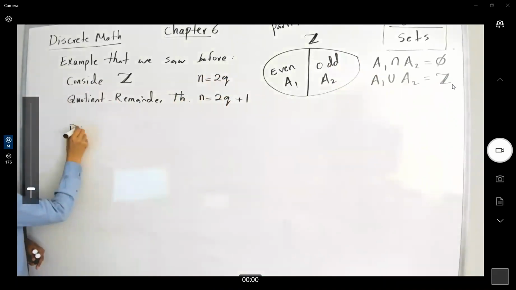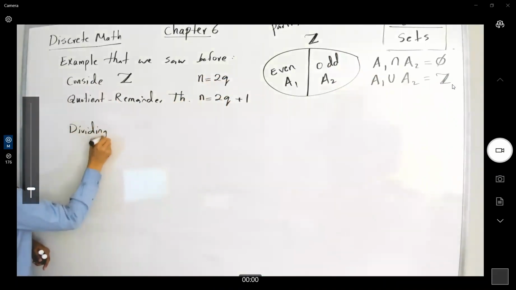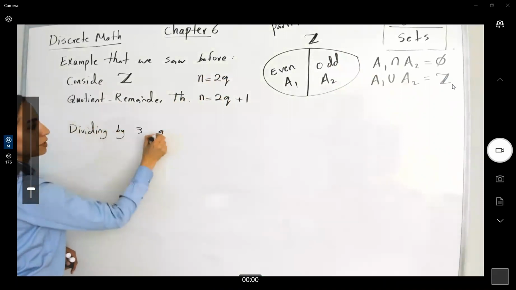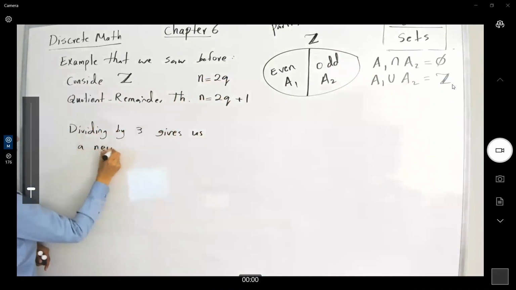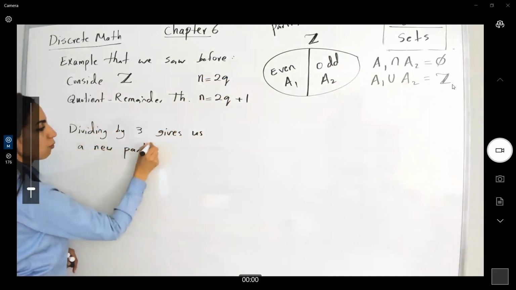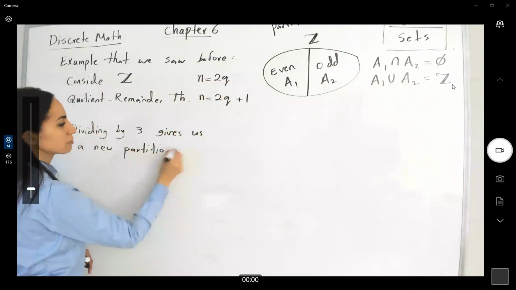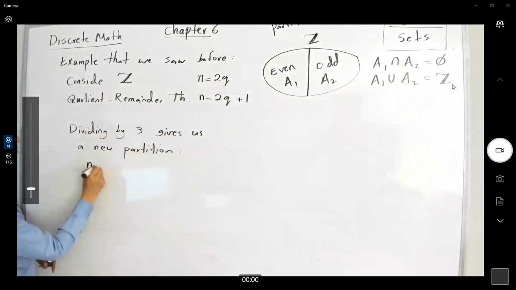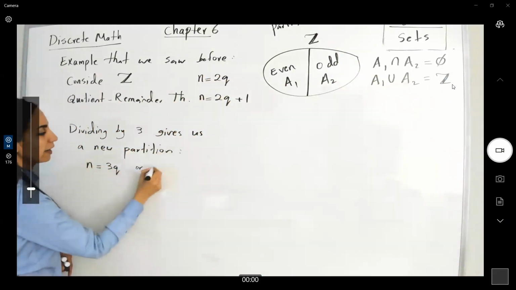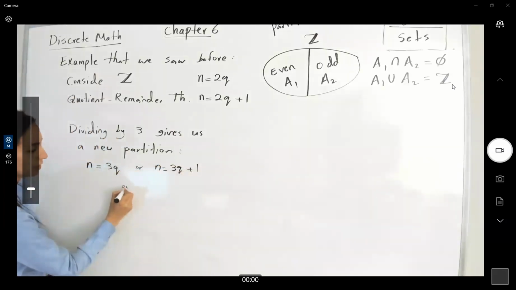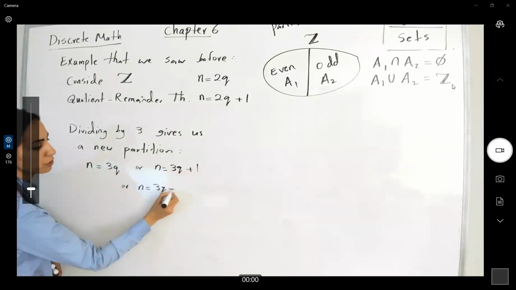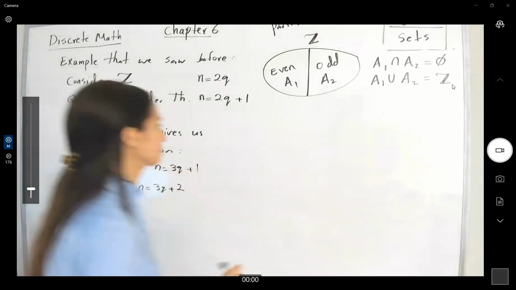Now dividing by 3 gives us a new partition. What is that partition? Well, n equals 3q, or n is 3q plus 1, or n is equal to 3q plus 2.